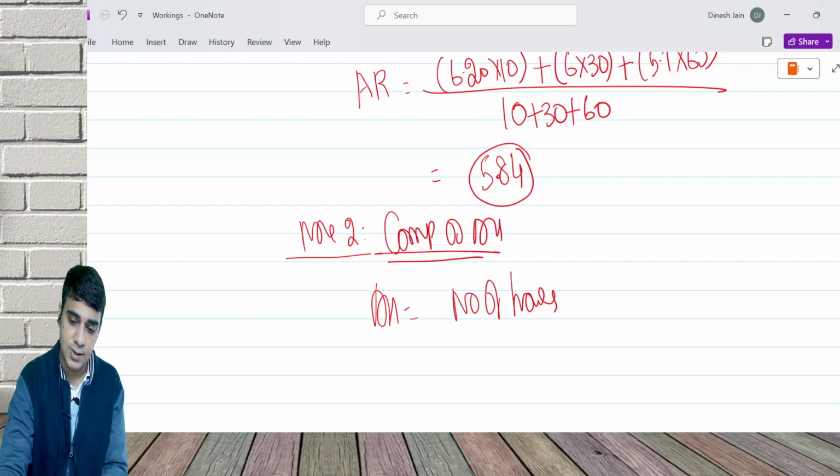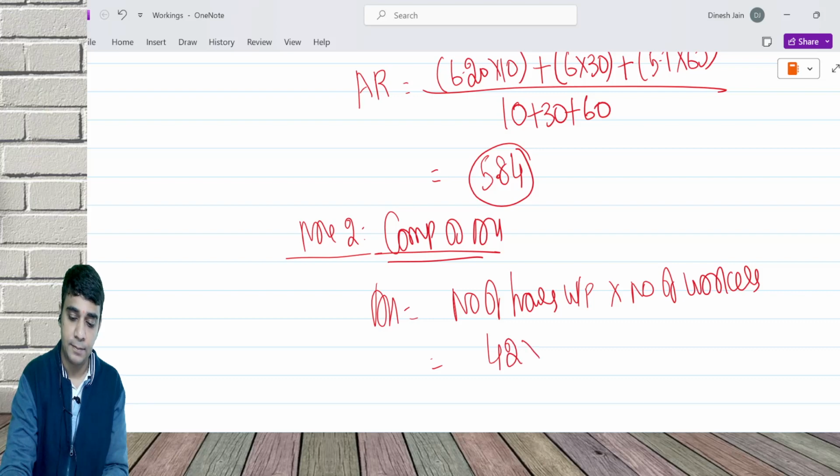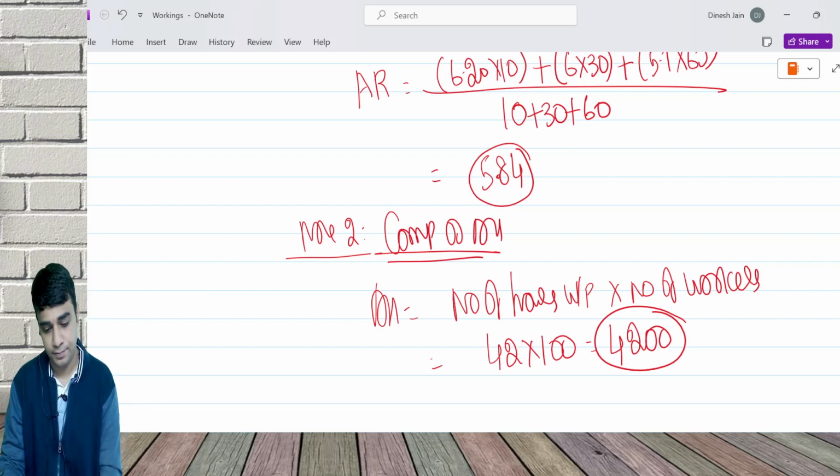So number of hours worked or paid into number of workers. 42 into 100, 4200.